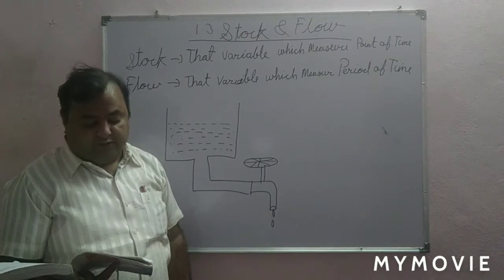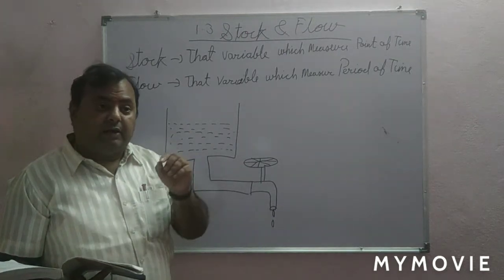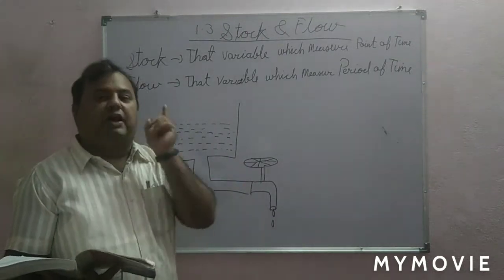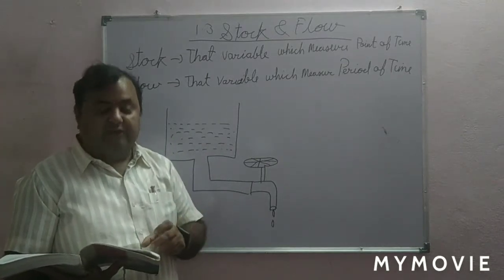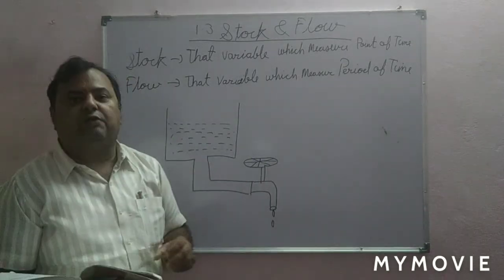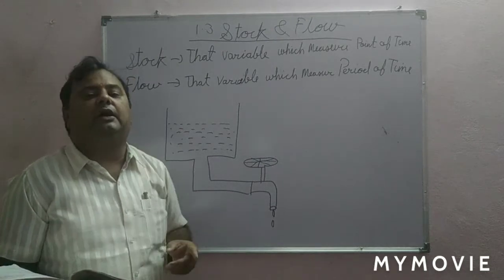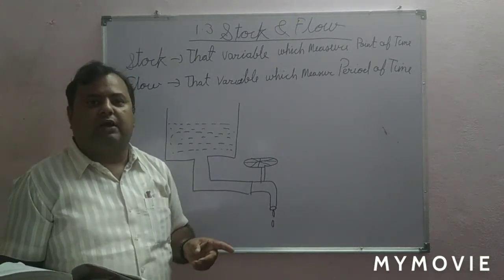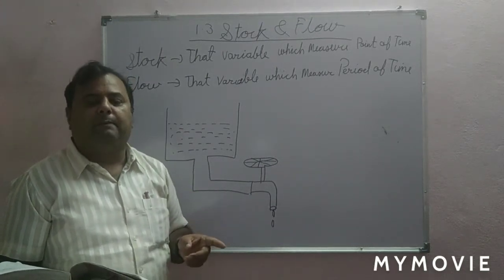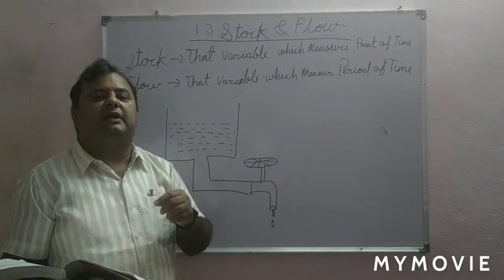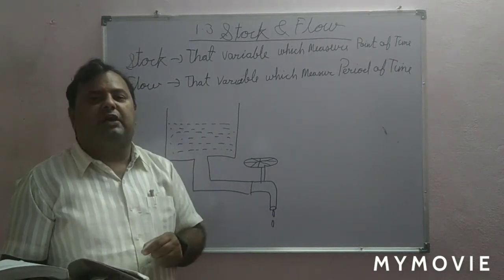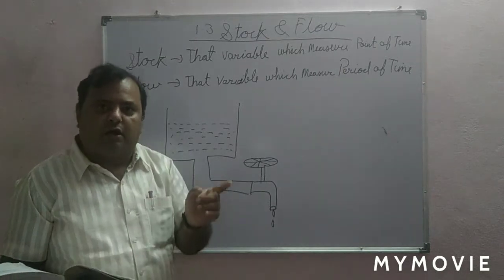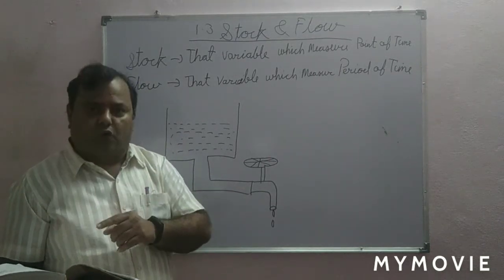Is it a stock or flow variable? You tell me, right? We have 10 to 15 questions which I have given to you in the WhatsApp group. You will give me an answer for each individual line.